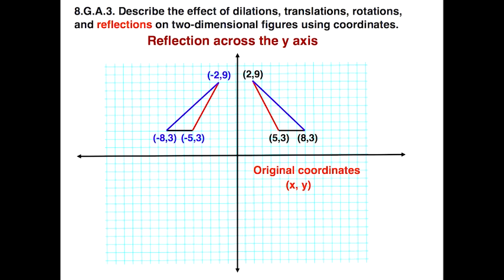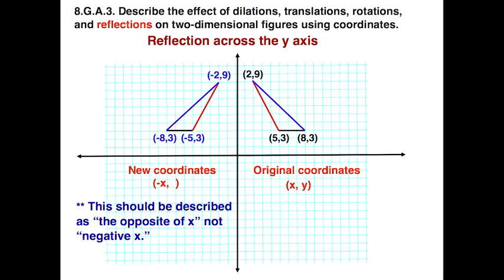To generalize, if the original coordinates, reflecting across the y-axis, were x, y, well, let's see, it looked like on the x coordinates, the values for x are now the opposite sign. Again, we need to describe this as the opposite of x, not negative x.